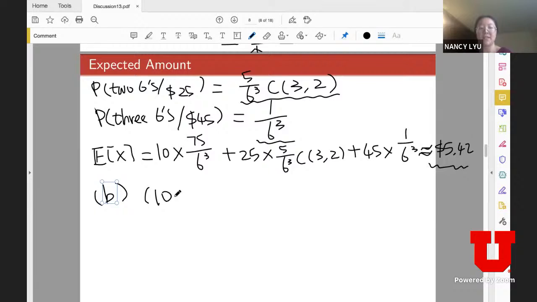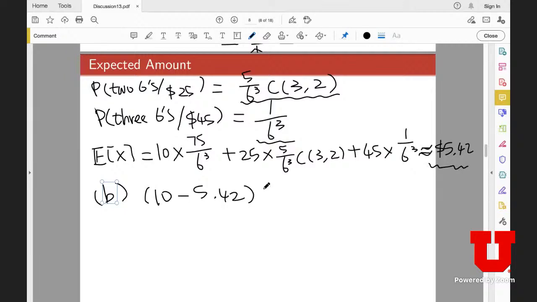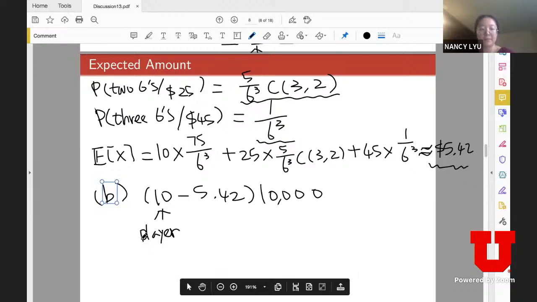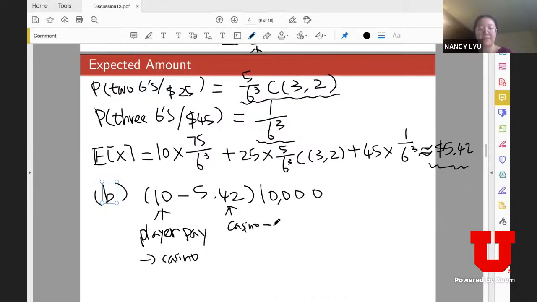And that number comes from 10 minus 5.42, and you have a total of 10,000 games. So this is the amount that a player pays to the casino, and this is the amount that the casino gives to the player for each game.